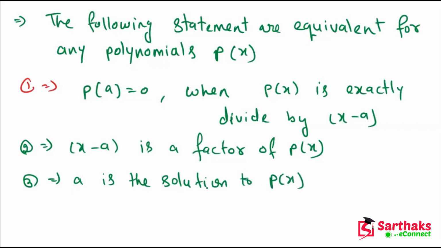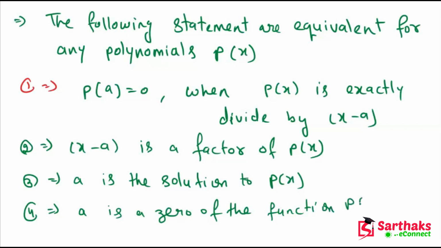And the fourth statement is that a is a zero of the function p of x, or p of a is equal to 0. I hope you understand these things. So these are statements which are equivalent for any polynomial p of x.